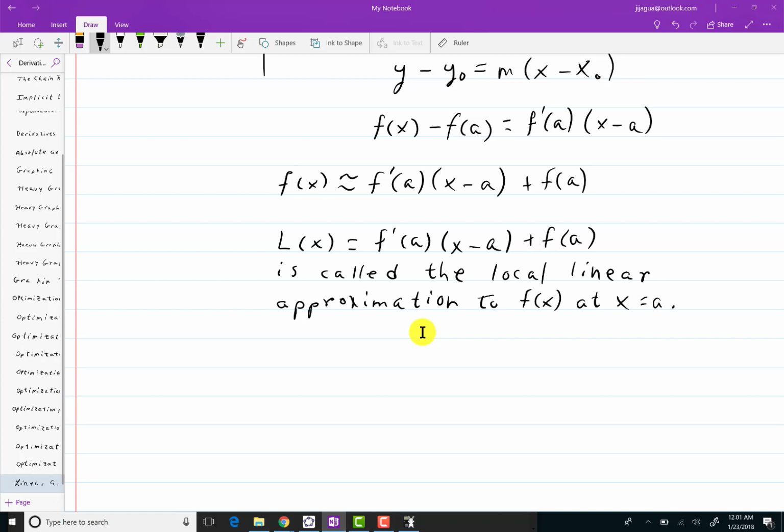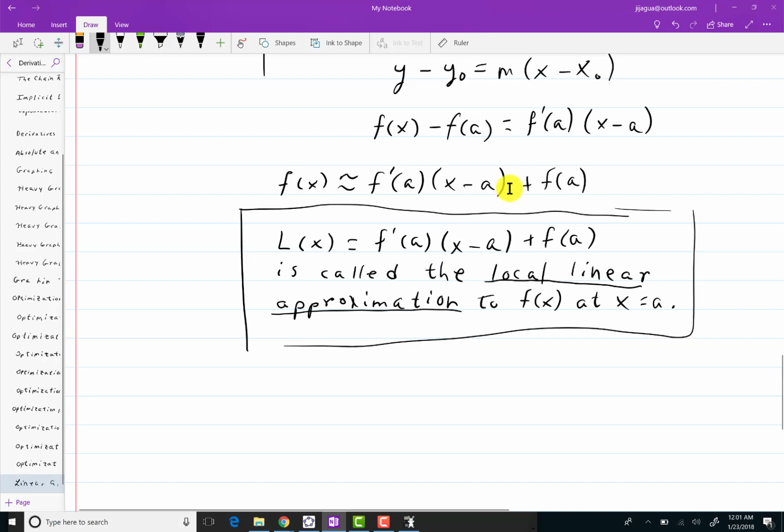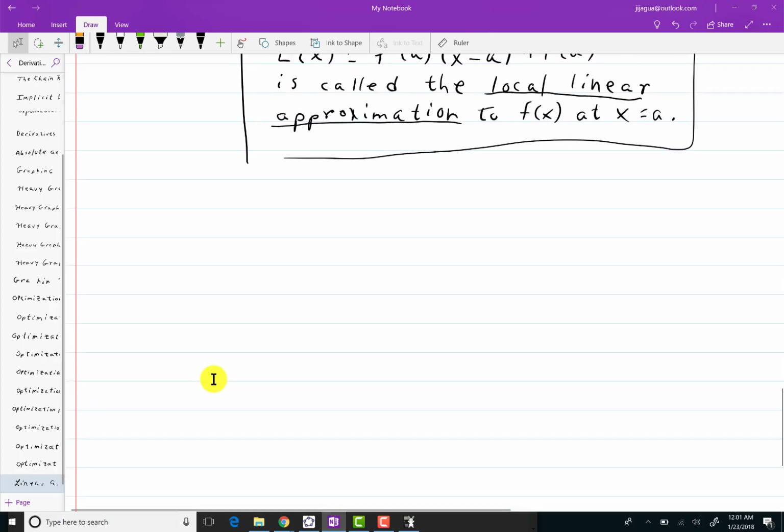So the local linear approximation is the thing to keep in mind. Let's go ahead and put a box around that. Many times we'll just be asked to find the local linear approximation. Sometimes we'll be asked to find some other things. Let me do an example.